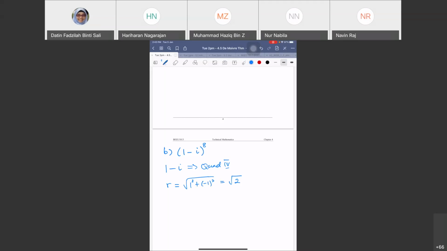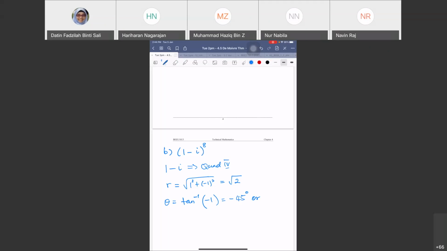This is your r. And then theta is tangent inverse of y over x, so it's minus 1 over 1, or minus 1. If you use your calculator, it will give you minus 45 degrees, because we have done this many times before. But remember, when we write a polar form, our theta or argument has to be a positive angle.